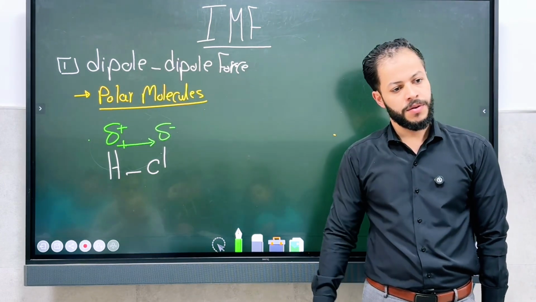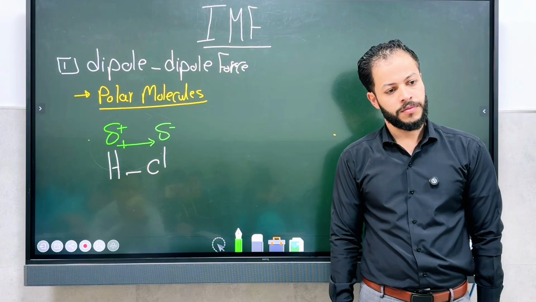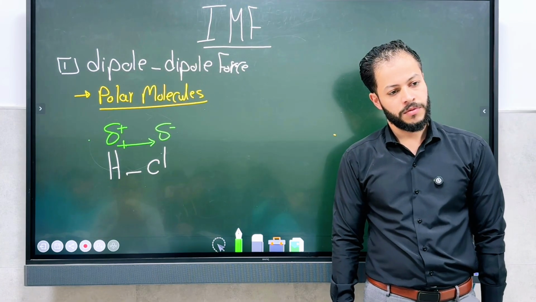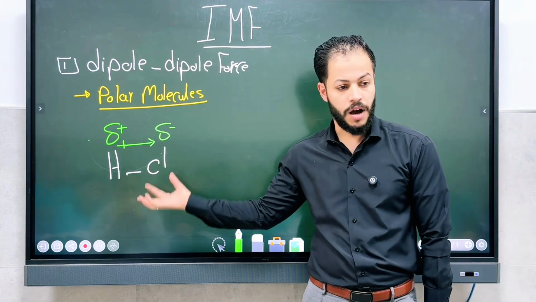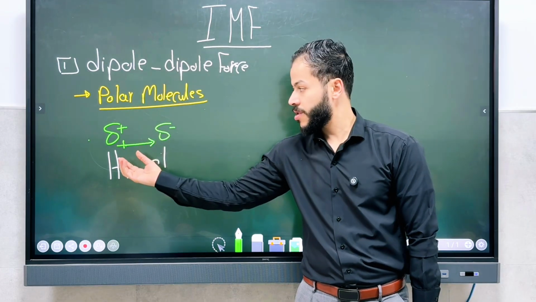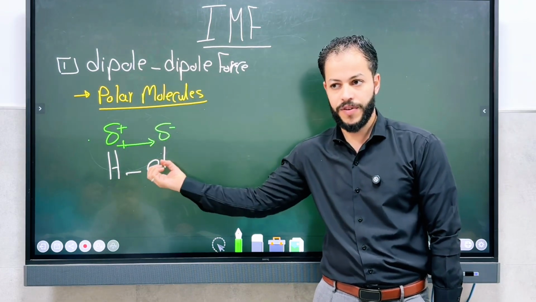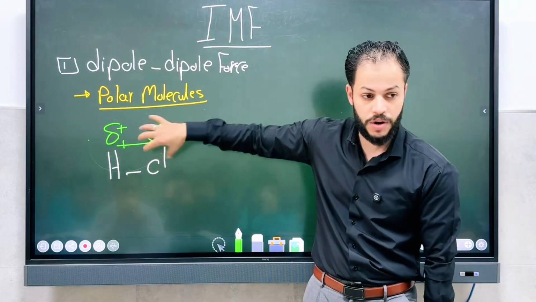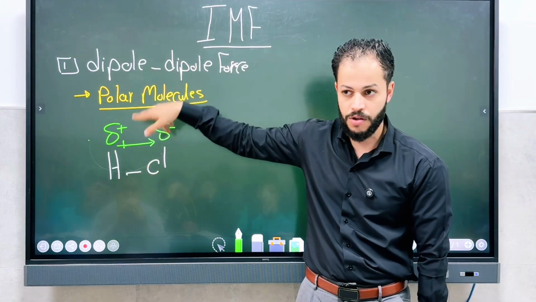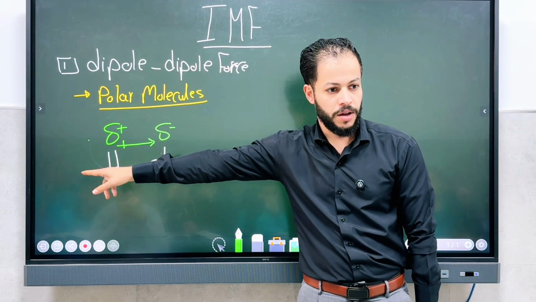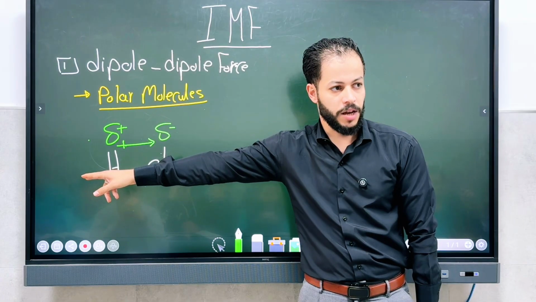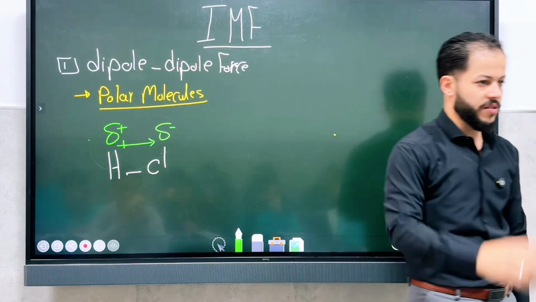Why do we put the positive charge on H and the negative charge on Cl? Because chlorine has the highest electronegativity. So the electrons of the covalent bond are pulled toward it, making more electron cloud upon the chlorine, and this is partial negative. This makes the other side of the molecule partial positive because of the low electronegativity.